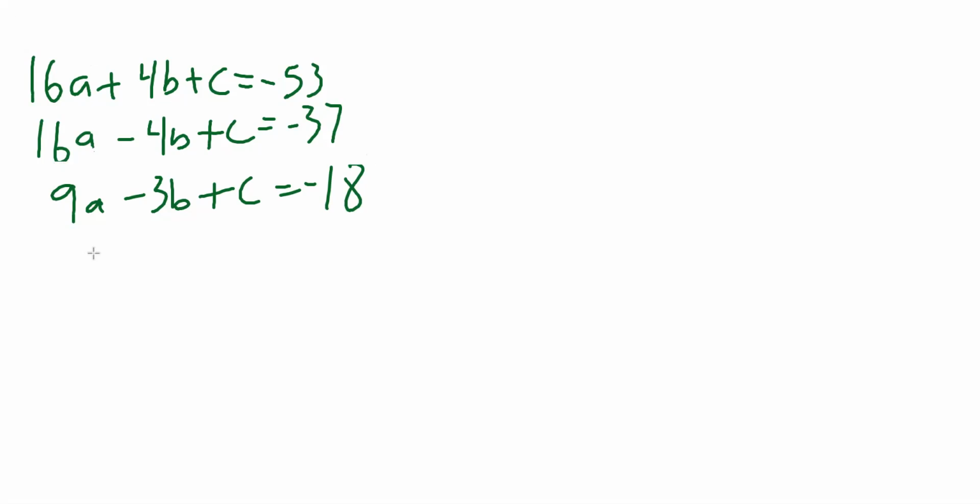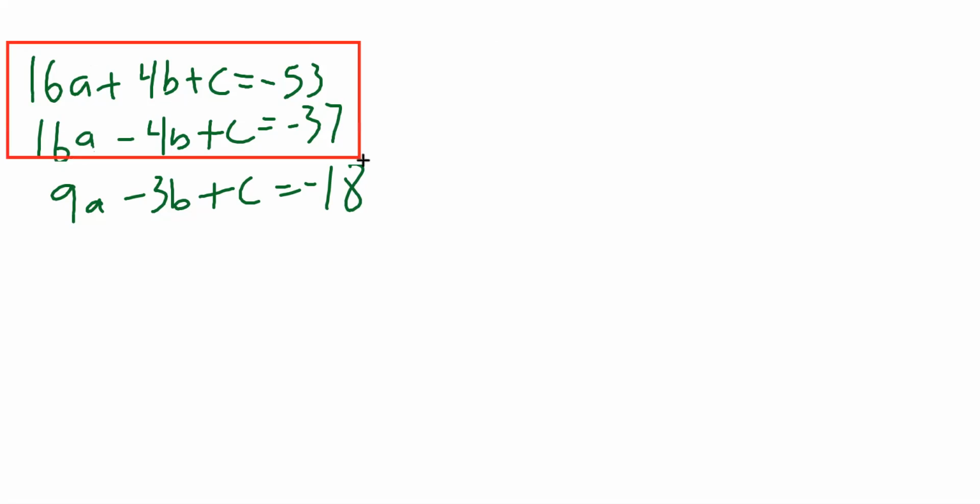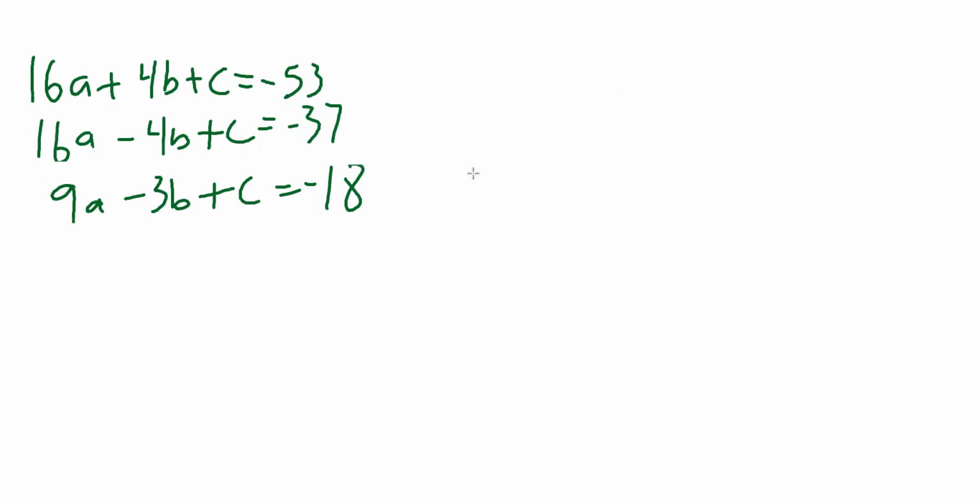And it looks like a good trick is going to be, look at these first 2 equations here. We've got 16a, we've got positive c. It turns out if I subtract this second equation from the first one, I'm going to get rid of both the a variable and the c variable, which means I'm just going to be left with the b variable, which means I will be able to figure out one of my variables' value right away.